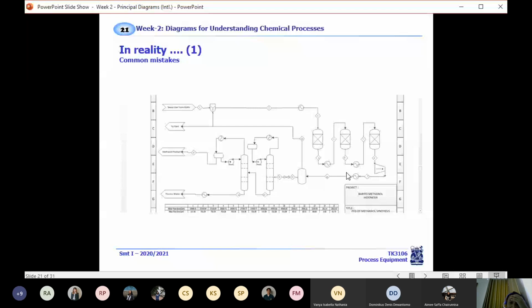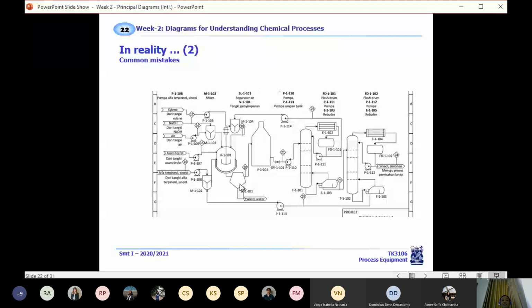And for the separator, remember the agreement that the gas will go up. Yes, that's correct. But the problem here is that the liquid should come from the bottom, while in this case it comes from the side, so it's not clear. Again in this PFD, the heat exchanger is not clear.